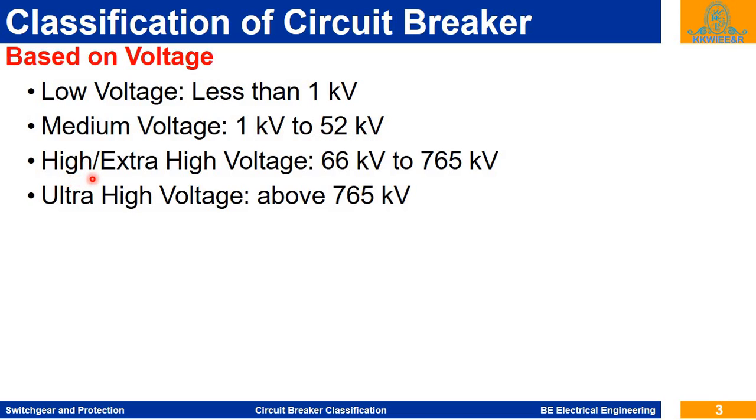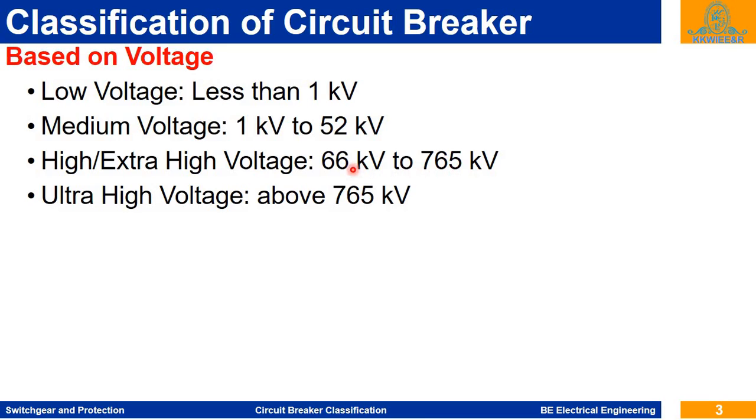Next is high voltage or extra high voltage. It starts from 66 kV to 765 kV. It ranges between 110 kV, 220 kV, 400 kV, 765 kV.